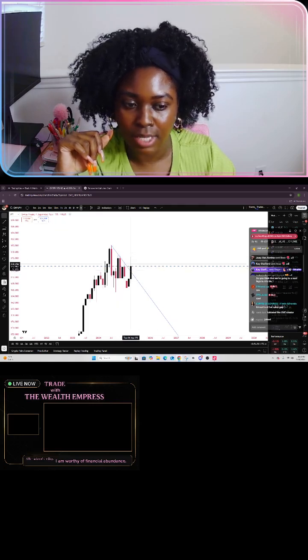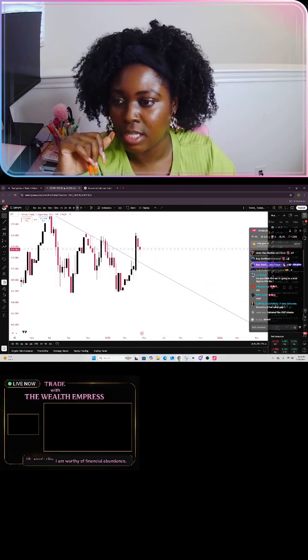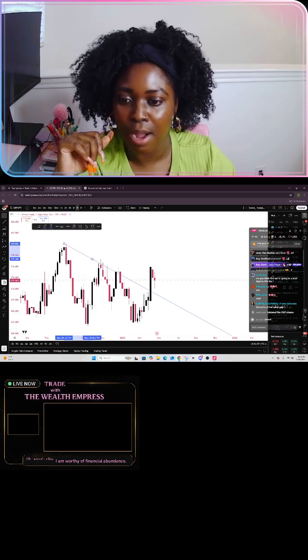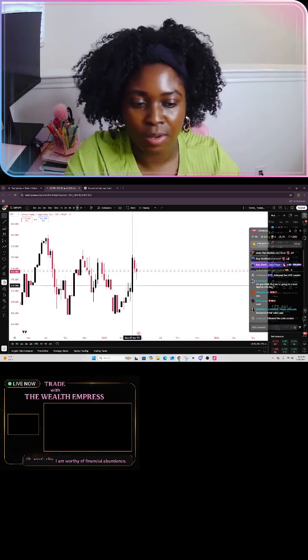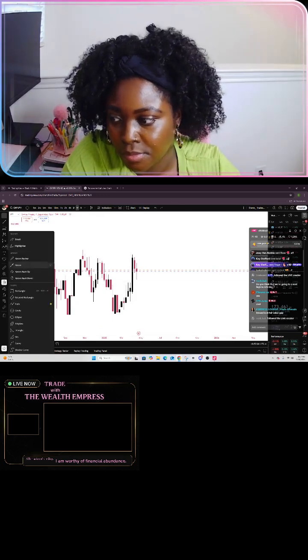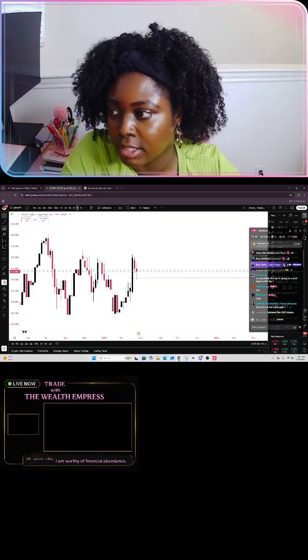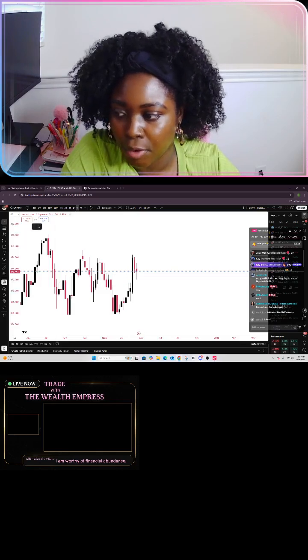And price broke outside of that. Now we'll come back down to the weekly. This is why we were looking for buys, because price came to this weekly fair value gap. All right. And it hit it and it closed on top. This is why we were looking for buys.